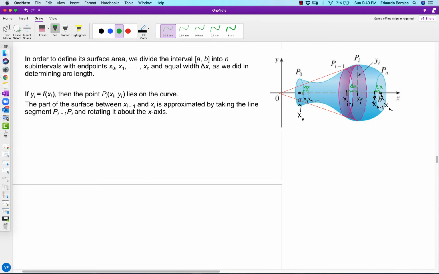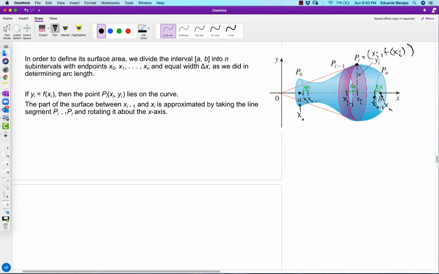Okay, so now if y sub i is defined to be the value of our function when you evaluate it at x sub i, that means that this point here is p sub i, right? So p sub i is an ordered pair that represents x sub i, comma, f of x sub i.